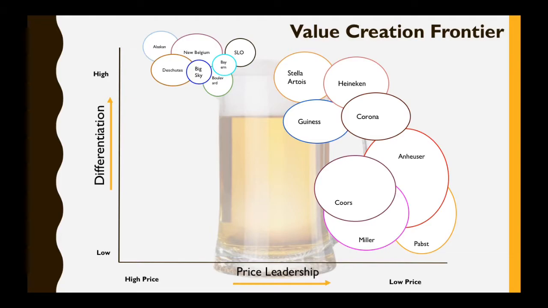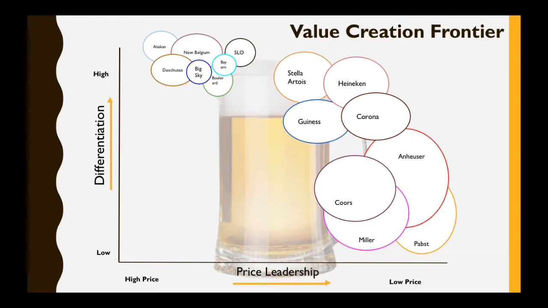These target large segments. They're low price because they produce large quantities with economies of scale. They also have large distribution channels, which help keep their prices low. They're shown big on this market because they do target large markets, and this really is just beer.